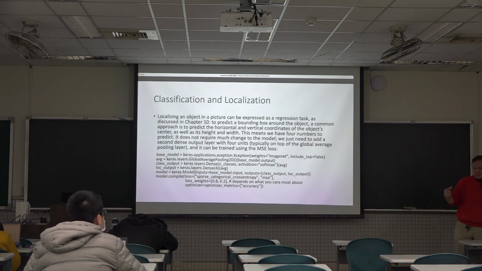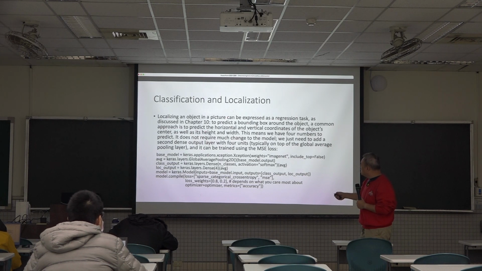The localization of an object can be represented as a regression task. You pretty much need 4 numbers to locate one object. Normally it's the horizontal and vertical coordinates of the object center, as well as the height and the width.